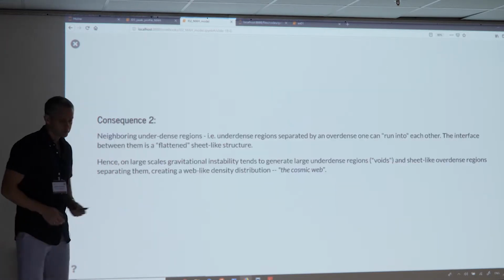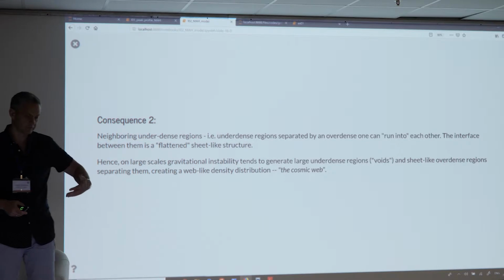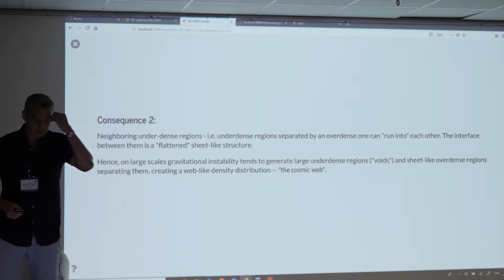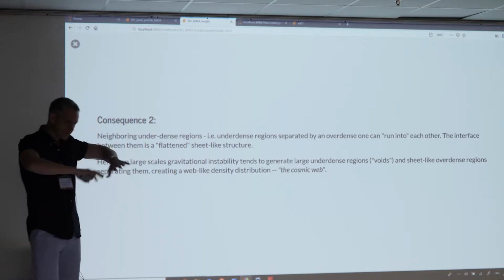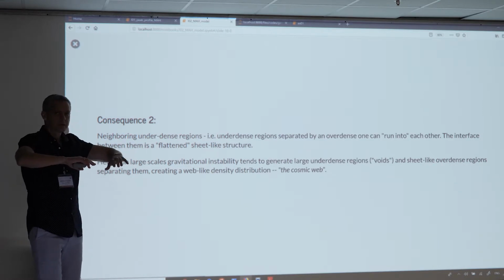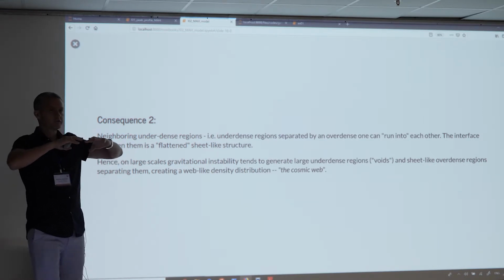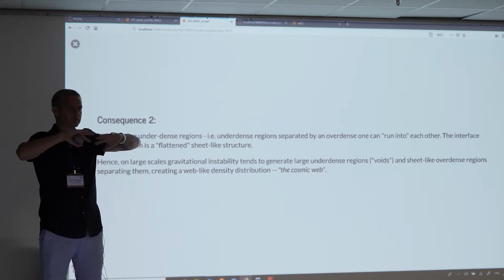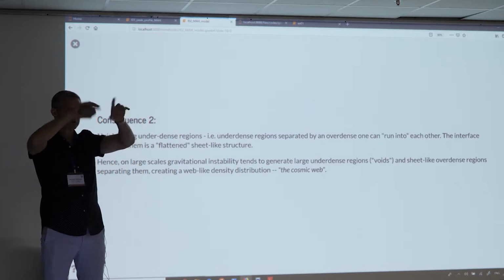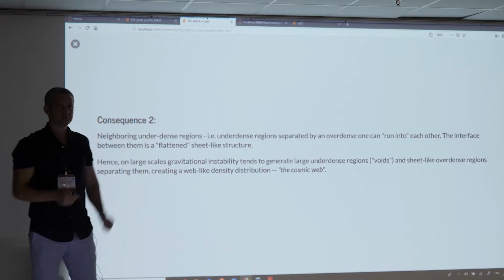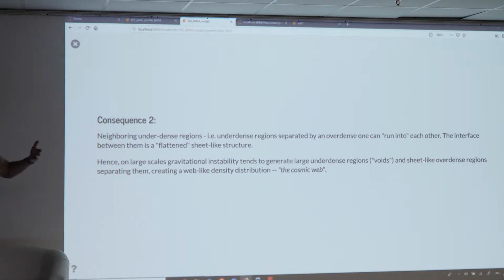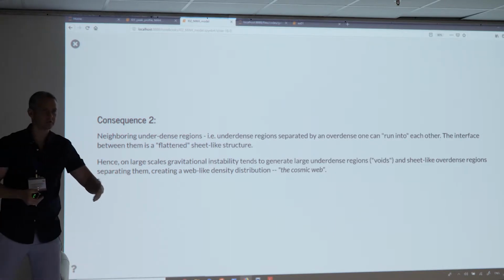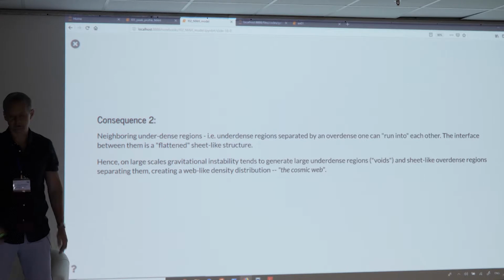So consequence 2, which is actually a consequence of the first, is that if we have two nearby underdense regions, they will expand faster than the universe, and in comoving units they will have to run into each other at some point. You can think of material being swept out of them in the same direction. If they are neighboring, the material will be swept towards each other, and at the intersection of two bubbles it will form a sheet-like structure.